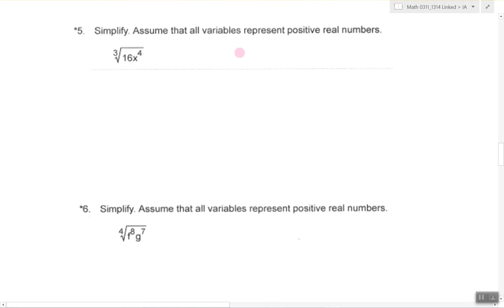All right, we are asked to simplify the cube root of 16x to the 4th. I would recommend that you look in your chart for a perfect square. I'm sorry, rephrase. Look in your chart for a perfect cube. Look in the x cube column and find a number that goes into 16. And you will find, don't forget your cube symbols, you will find that 8 is a perfect cube and it goes into 16.